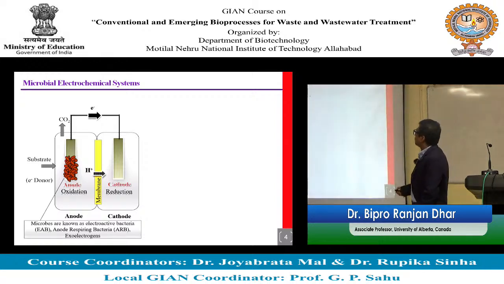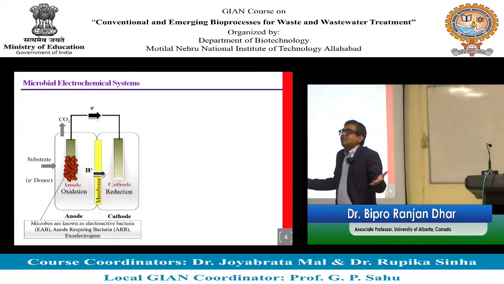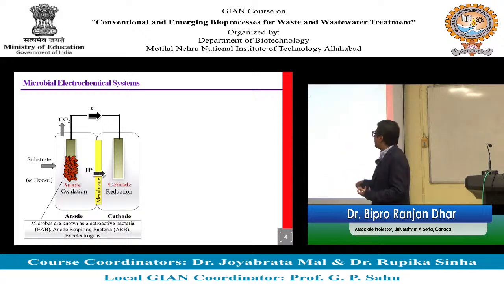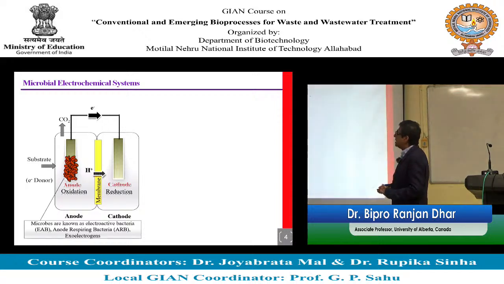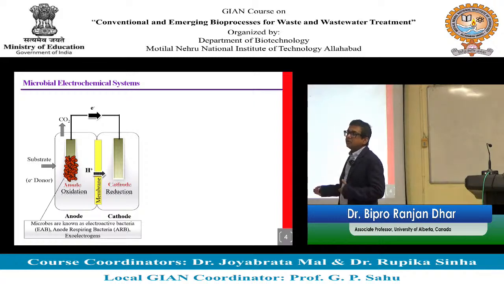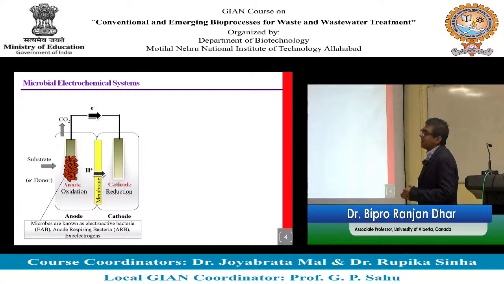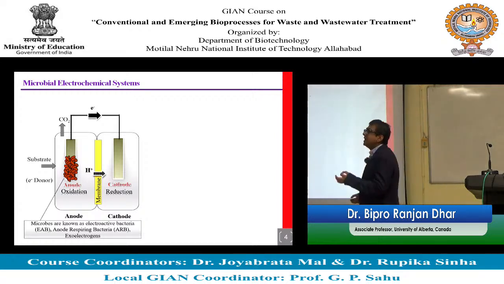Going back to the electroactive bacteria, researchers also gave them different names. Some people call them electroactive bacteria, EAB. Some researchers name them anode respiring bacteria, ARB, because they can do respiration on the anode surface. Some researchers call them exoelectrogen.